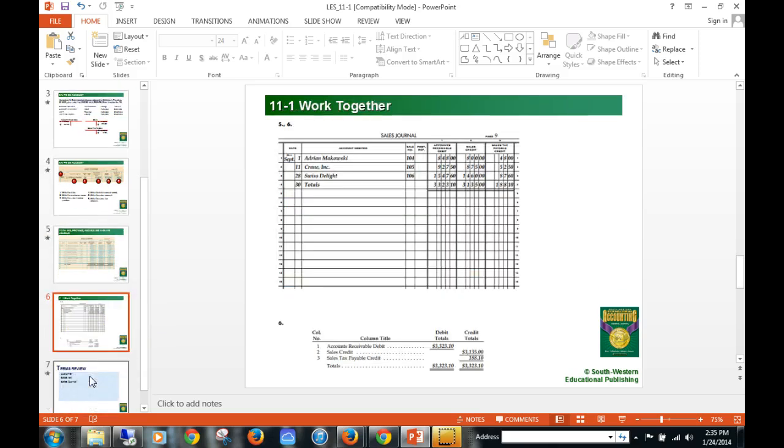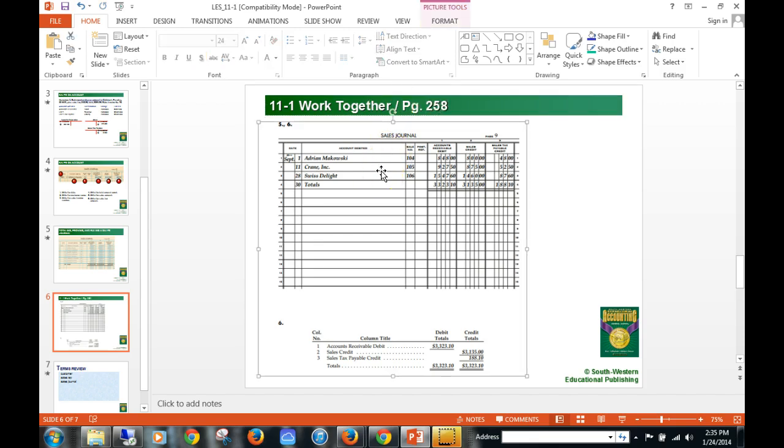When we get to the work together, which is on page 258, here's what that looks like. It says first of all, use page 9 of a sales journal. And again, your journals can be located on your class calendar page for this date.